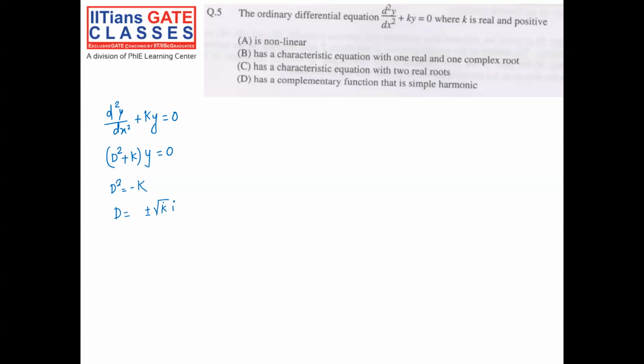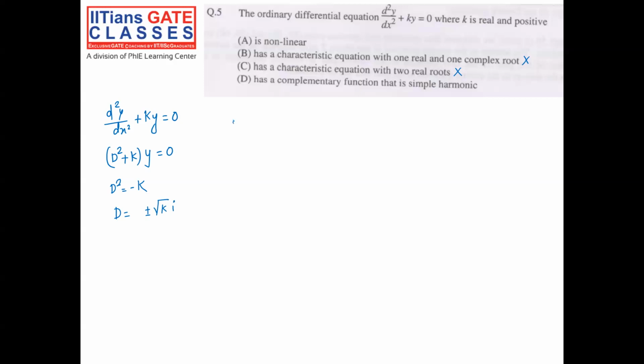So here we can clearly say that options B and C are incorrect, because option B says one real root and one complex, whereas option C says 2 real roots. Coming towards writing the complementary function of this differential equation, since it is a homogeneous differential equation, it will have only complementary function.